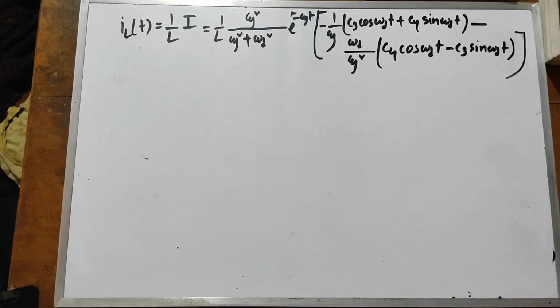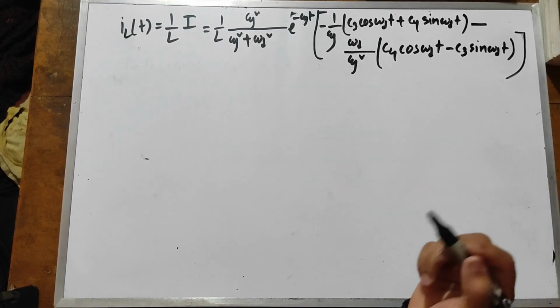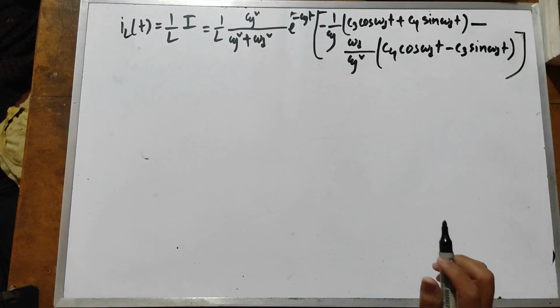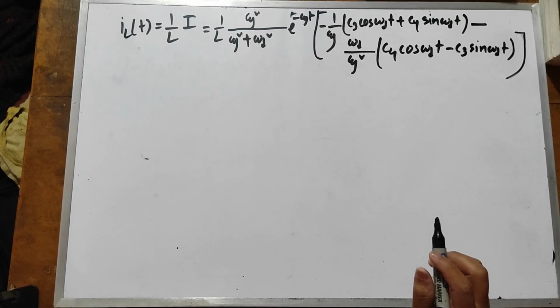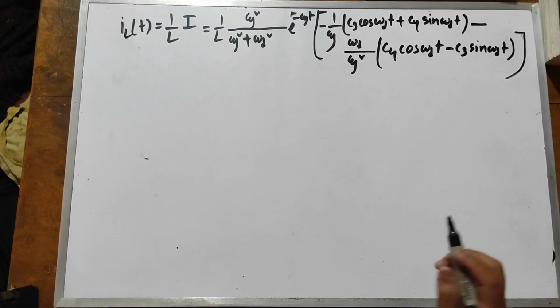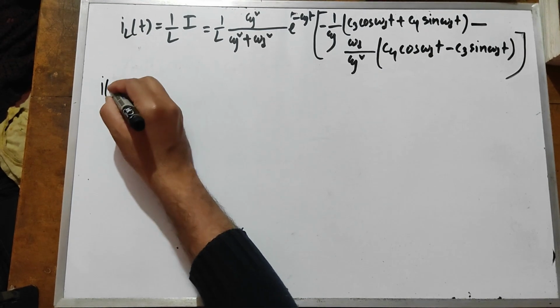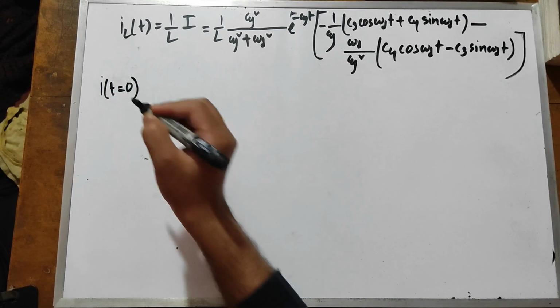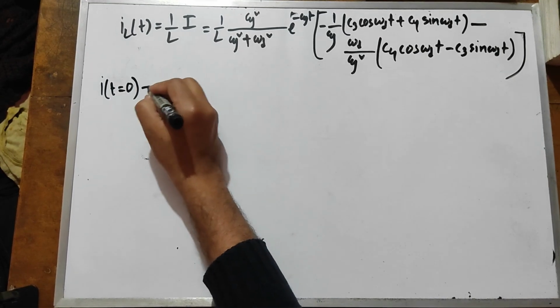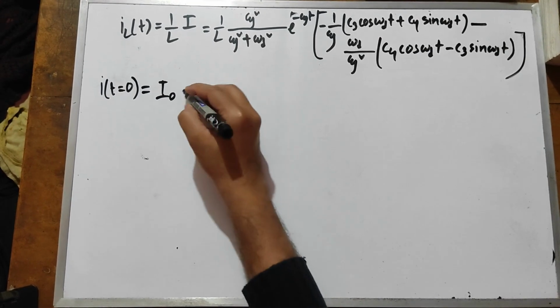We are at the final stage of our derivation for the circuit response of the parallel RLC circuit. I have assumed that at t equals 0 there was an initial current through the inductor, which is I0.